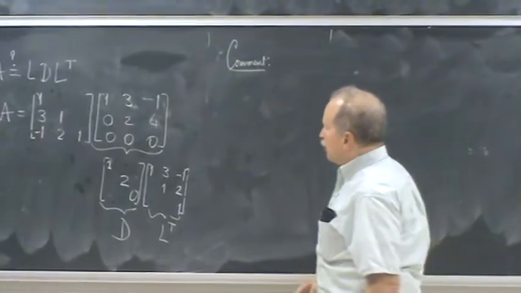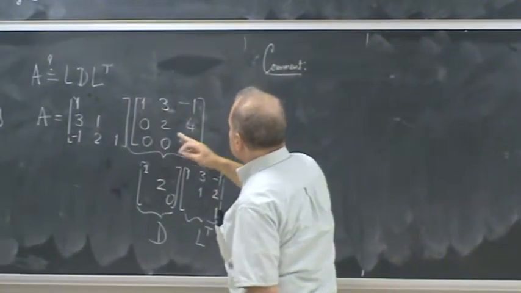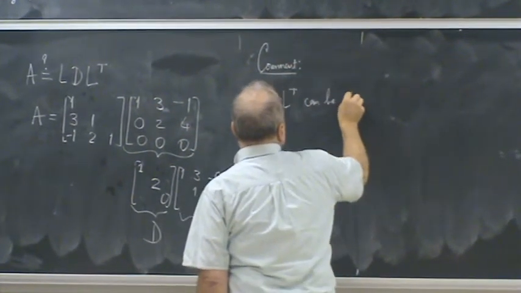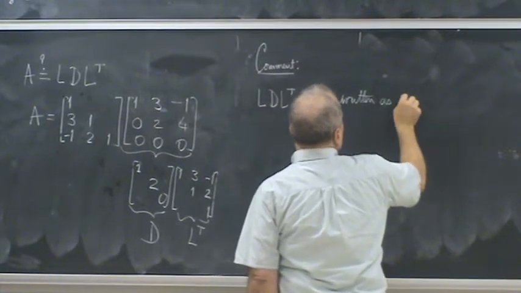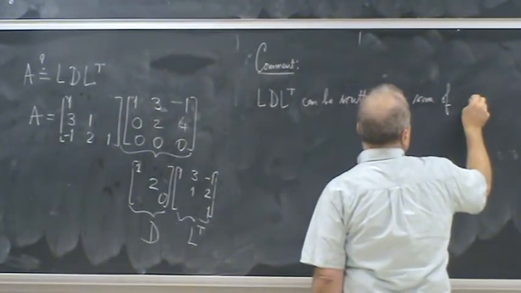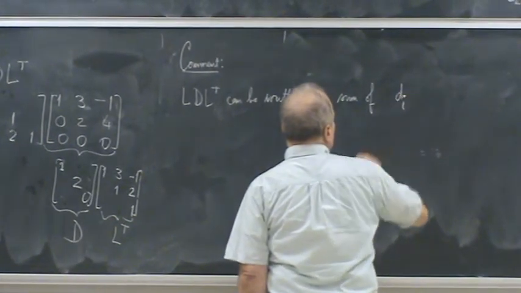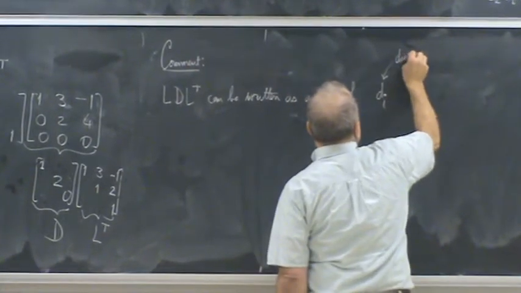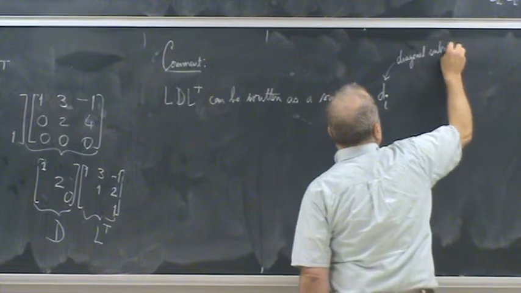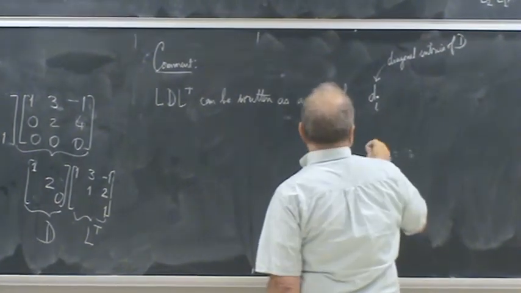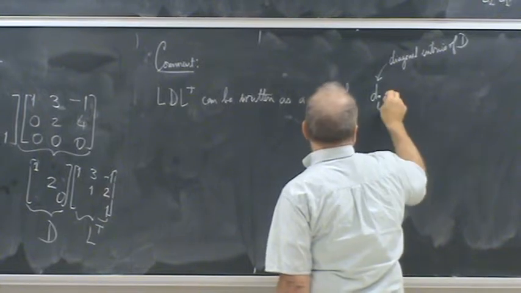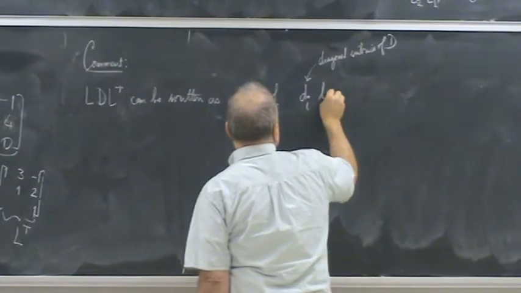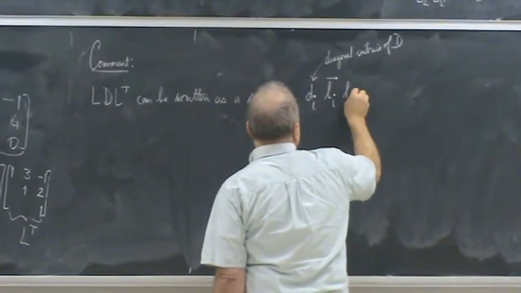The same idea is going to come up, of thinking about splitting this up, where you're taking diagonal entries of D times the columns of L, and then the column transpose.